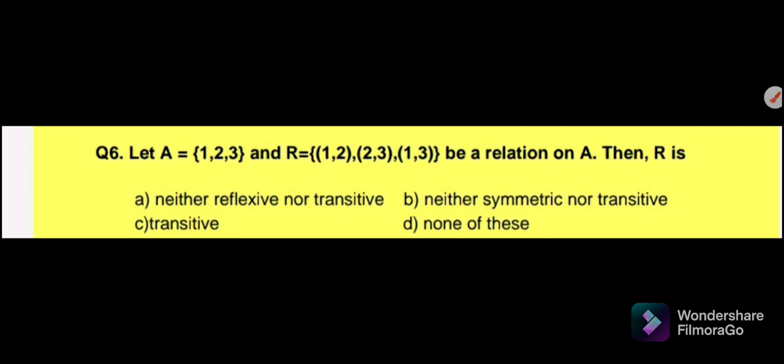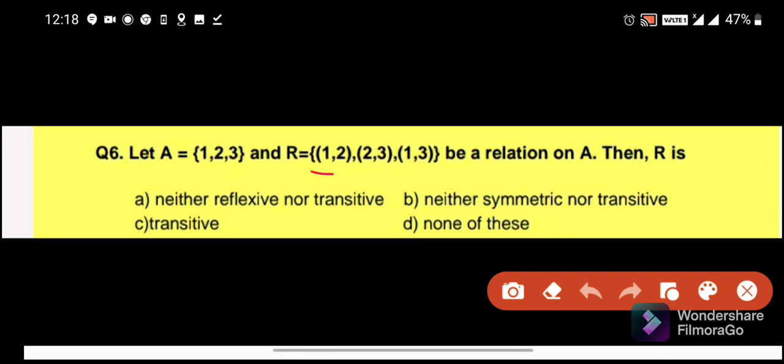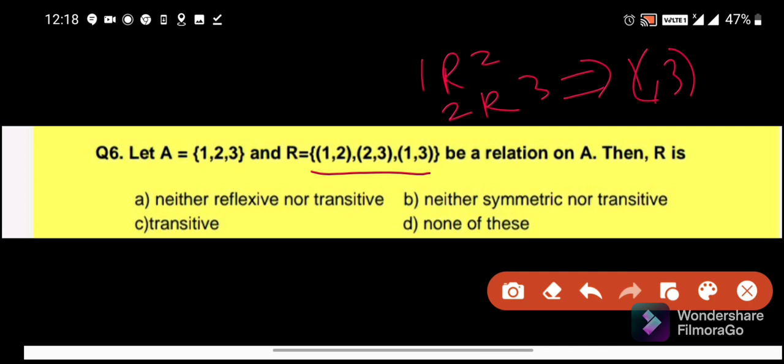Let A = {1, 2, 3} and R = {(1,2), (2,3), (1,3)} be a relation on A. Then R is... Now 1 is related to 2, 2 is related to 3, implies 1 is also related to 3. So it is a transitive relation. So the answer is option C.